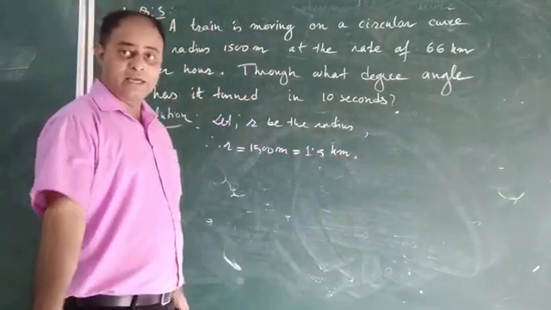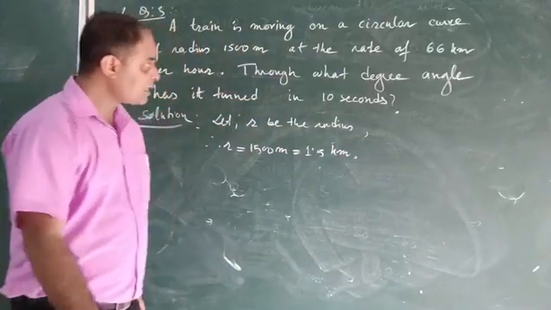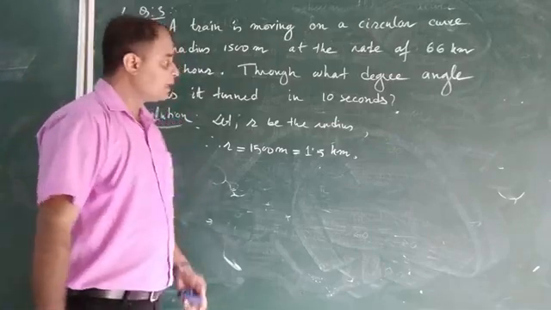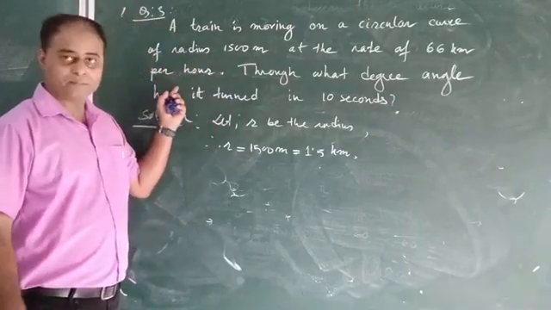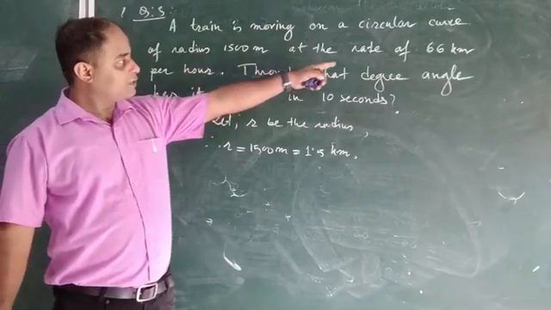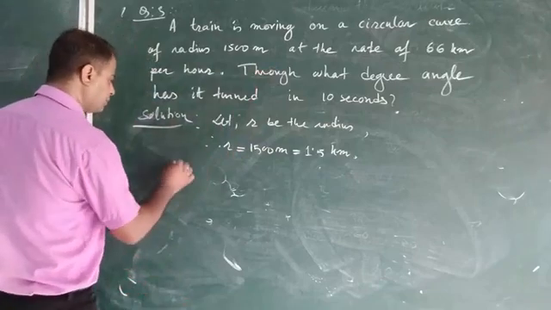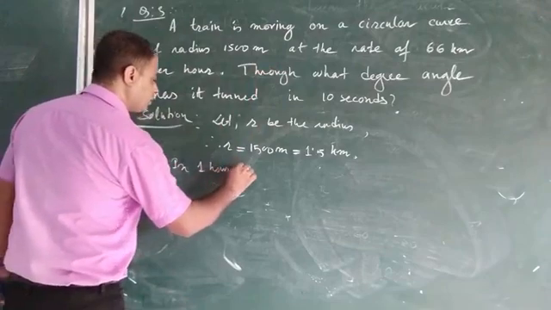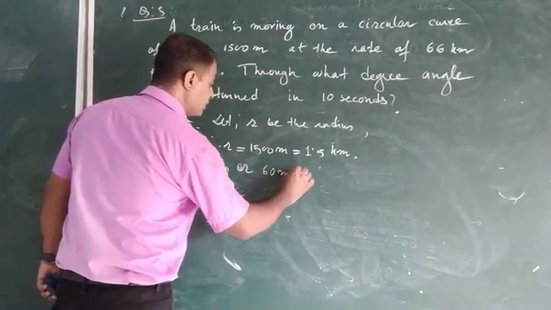In 10 seconds, how much distance has it gone? We need that. Distance divided by time is the speed, right? So in 1 hour, or 60 minutes, we should get 66 kilometers.